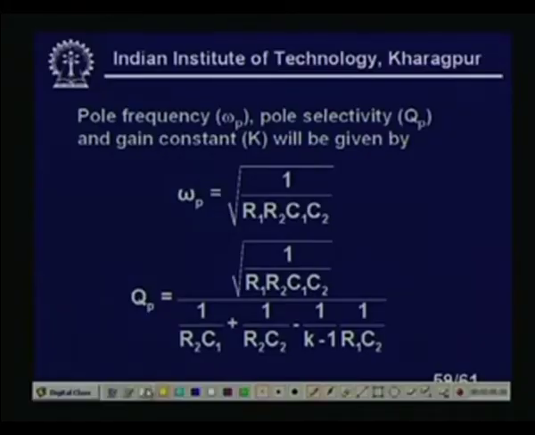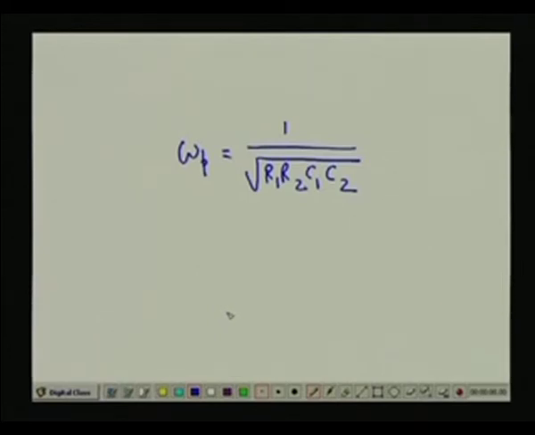Now, I talked about the sensitivity, and the sensitivities look like this. Logarithmic sensitivity we should define like this. In many cases we have found that omega p equals 1 upon root over R1, R2, C1, C2, is it not. Logarithmic sensitivity is the sensitivity of omega p with respect to R1, R2, C1, C2.